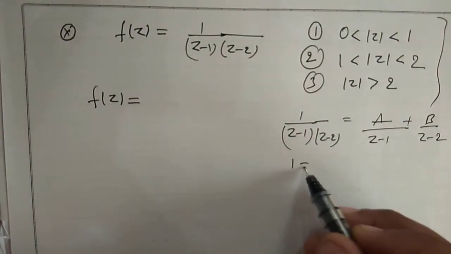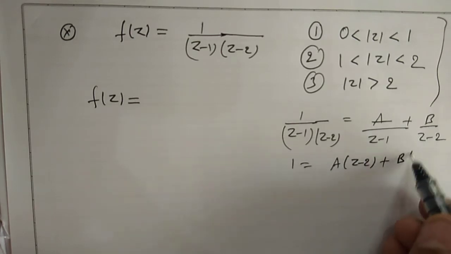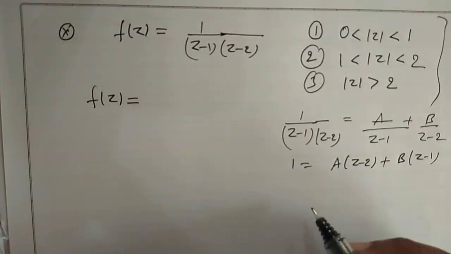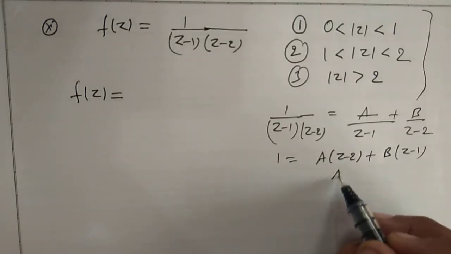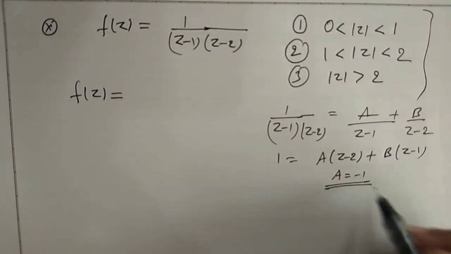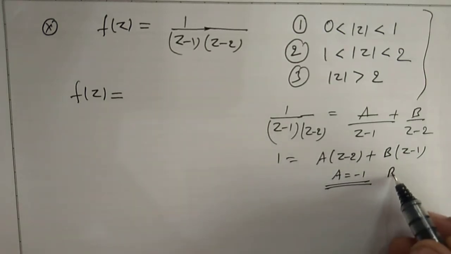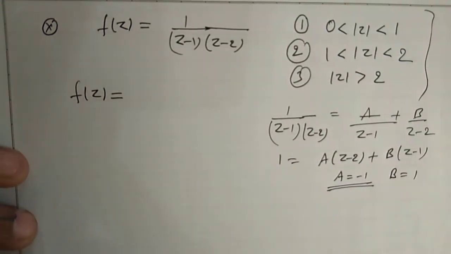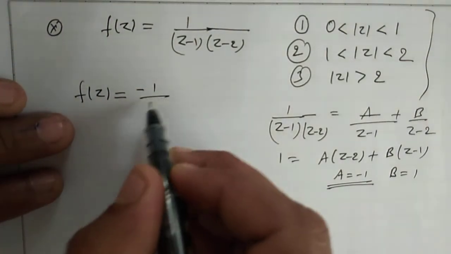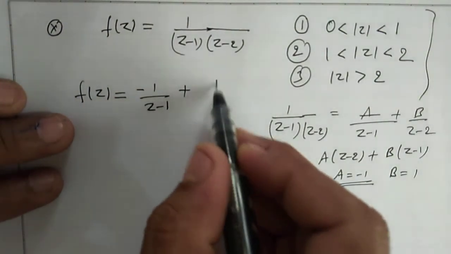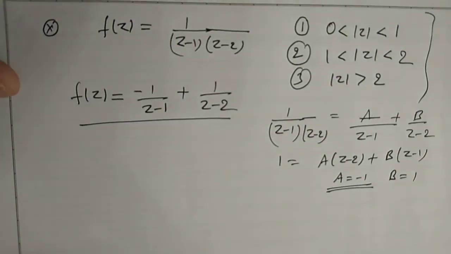Then 1 equals a(z minus 2) plus b(z minus 1). If z equals 1, then b will be 0, so a equals minus 1. And if z equals 2, then a will be 0, so b equals 1. So your function will be f(z) equals minus 1 upon (z minus 1) plus 1 upon (z minus 2). So this is the function.